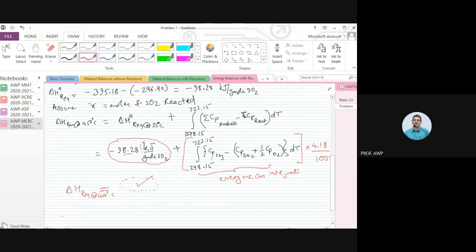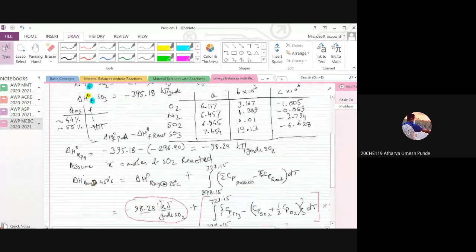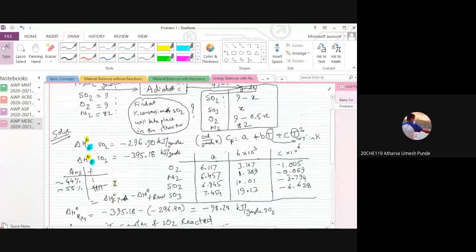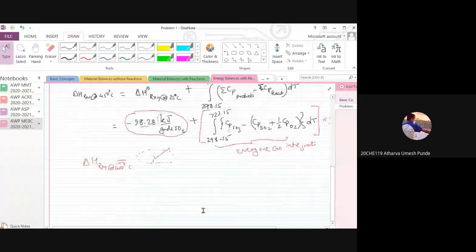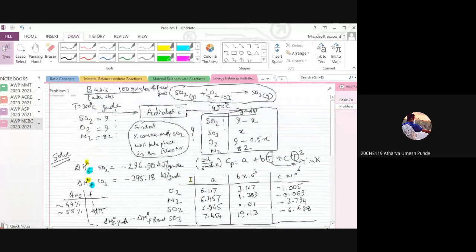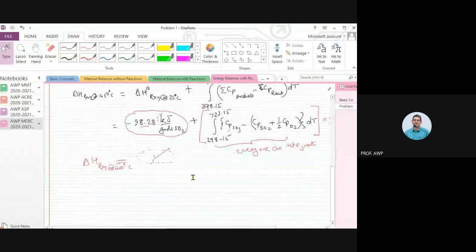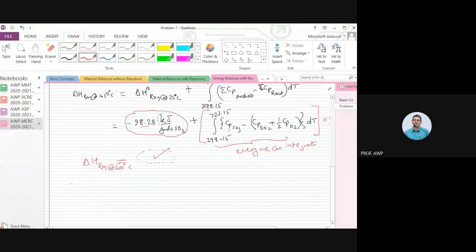Now how do you go forward? Sir, we want to calculate the enthalpy of the remaining individual gases. Speak slowly and speak loudly. We want to calculate, sir, the enthalpy of N2, O2, and SO2. Okay, so we want to calculate the enthalpy of the feed gas.